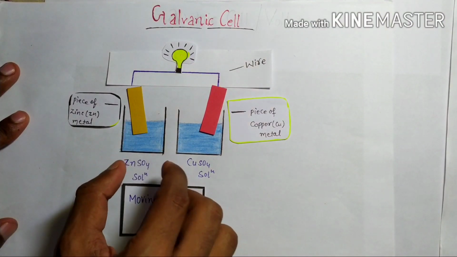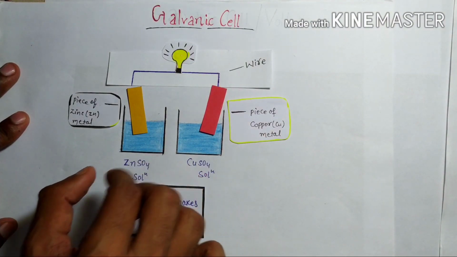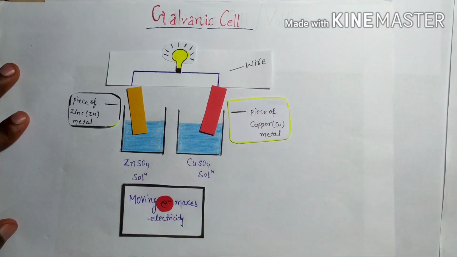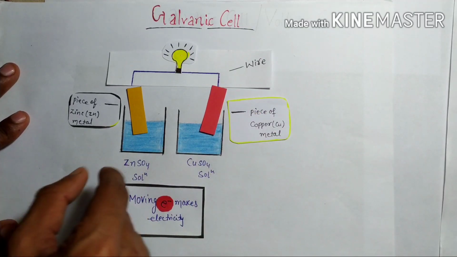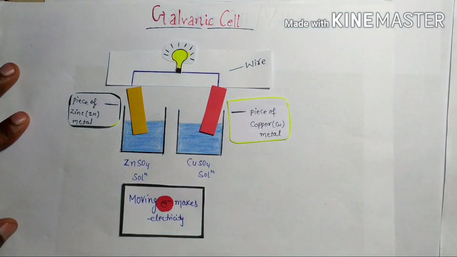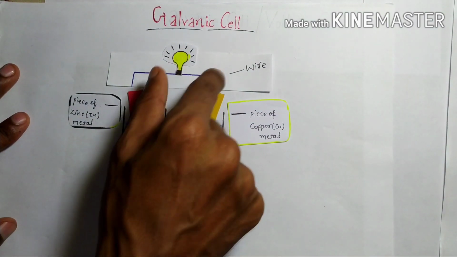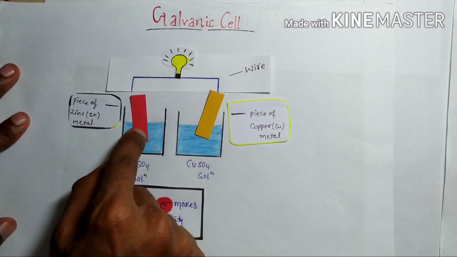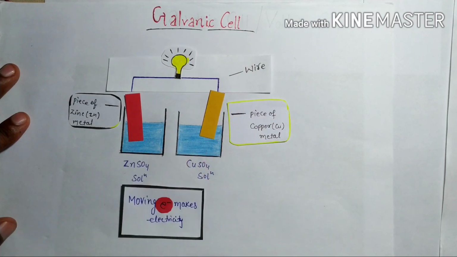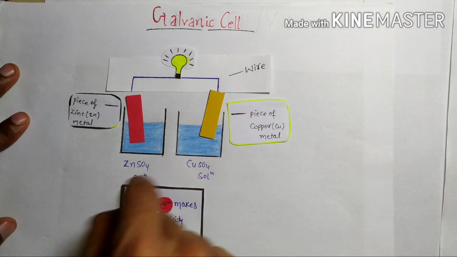This is the actual starting form of the reaction, okay? But after the reaction happens, the zinc metal piece gets decomposed. We have to interchange here because it's a zinc electrode and this is the copper electrode, right? This is the anode and this is the cathode.